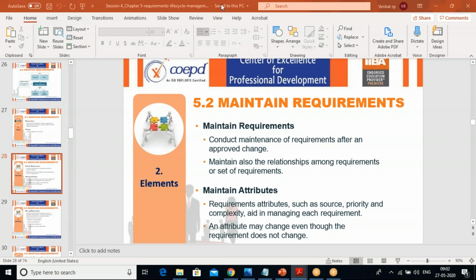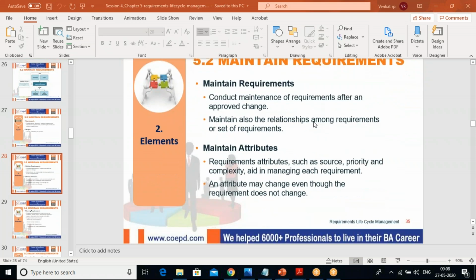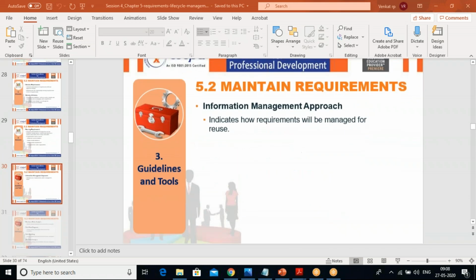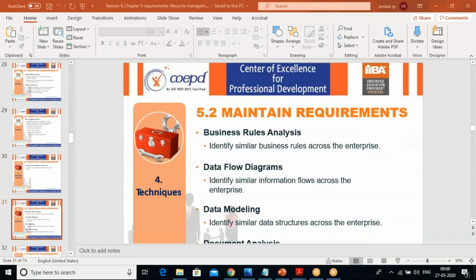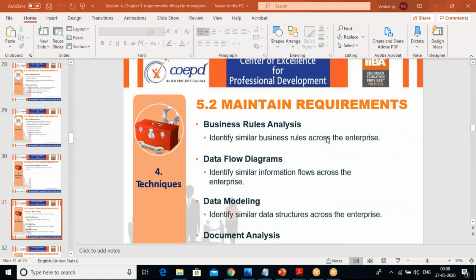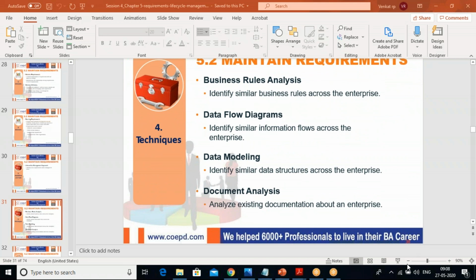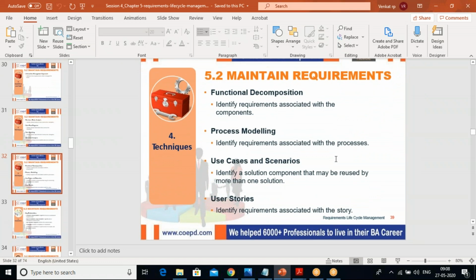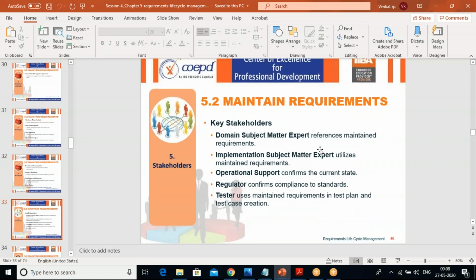So this is what we can actually see about this. Okay, and here we are going to understand reusability and the information management approach. The techniques that can be used are business rules analysis, data flow diagrams, and data modeling. Also functional decomposition, process modeling, business use case scenarios, and user stories.